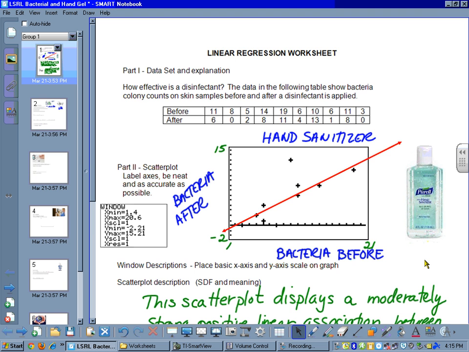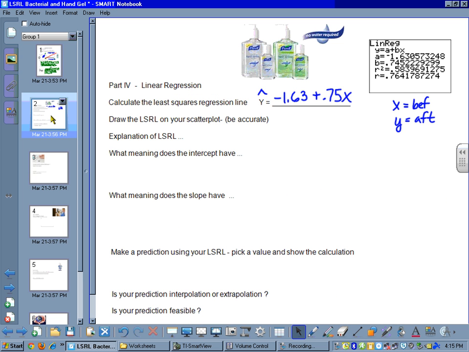All right, so now I'm going to interpret the intercept. What does negative 1.63 mean?